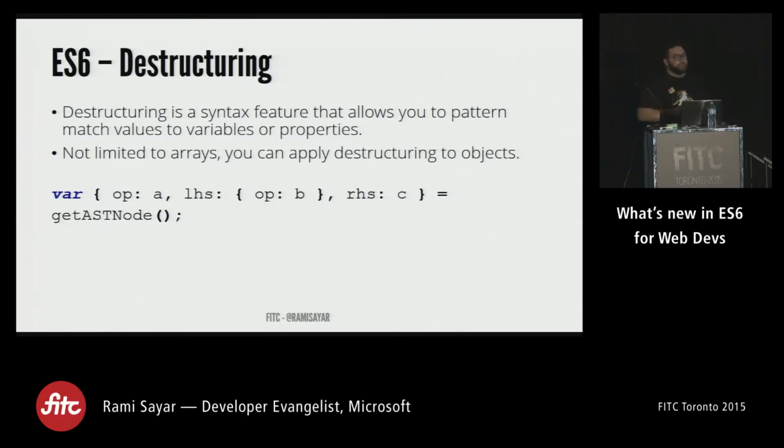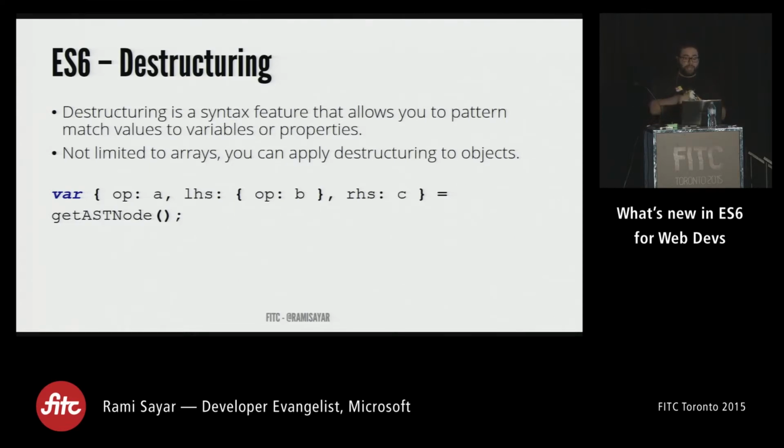Now, it's not only limited to arrays. You can actually apply this destructuring feature to objects as well. And that's actually really powerful, because all of a sudden, you can assign other objects to one object that I'm going to name all the different properties of. So in this case, I'm going to take an AST node, the AST node that you get for a specific part, and I'm going to set it to this object.